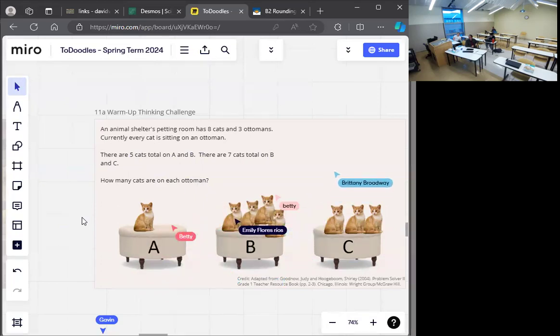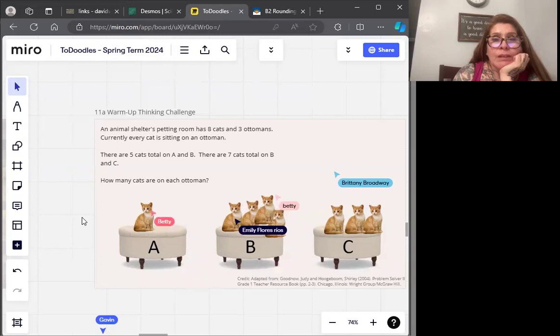Now we got it. 1 plus 4 is 5 and 4 plus 3 is 7. Yay. So how many is one cat? This has to be 5 and this has to be 7.